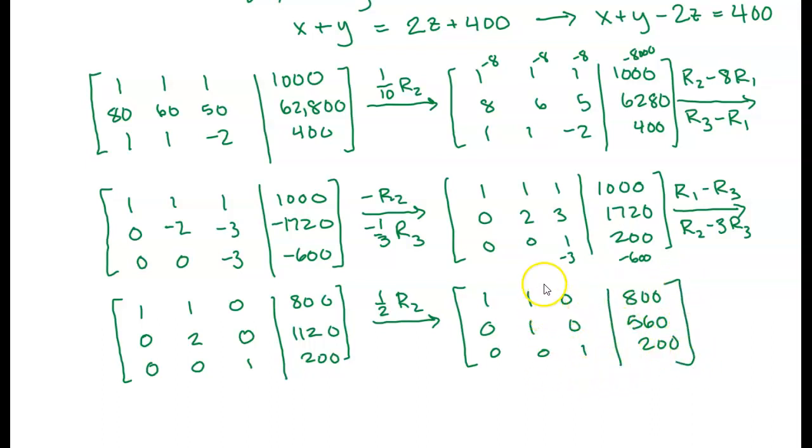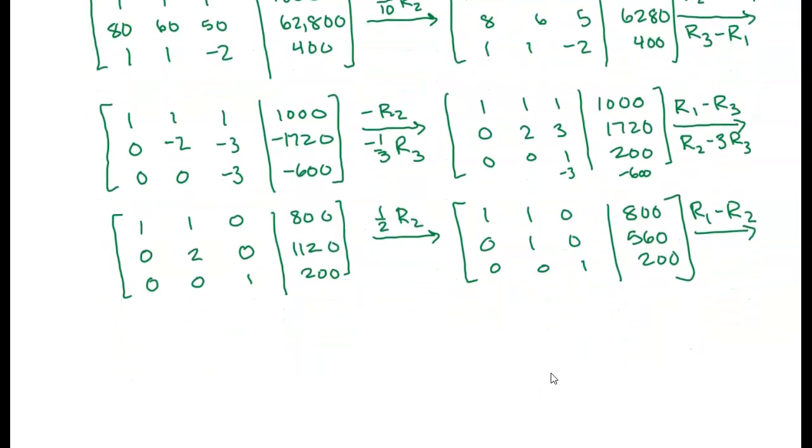The only thing I have left to do is to get this 0 in the first row, second column. And I can use the second row to do that. I'm just going to take row 1 and subtract row 2. Okay, and then I'll get a 1 where I want it. So when I do that, what I'm going to have is 1, 0, 0, right?